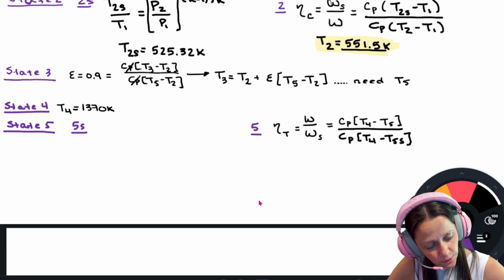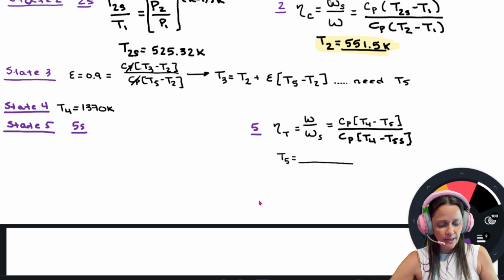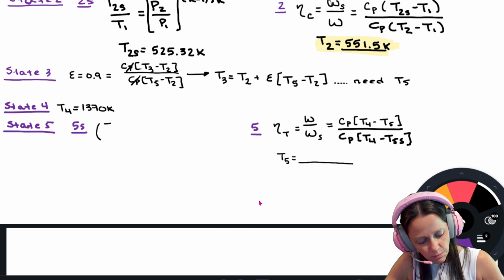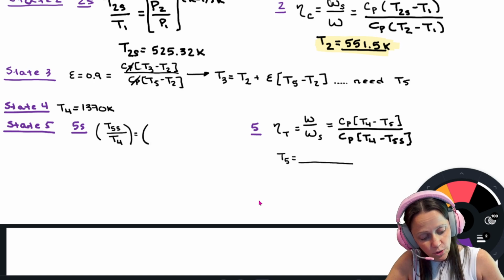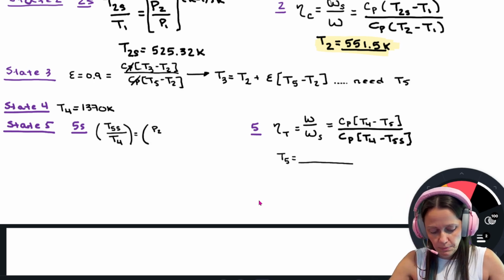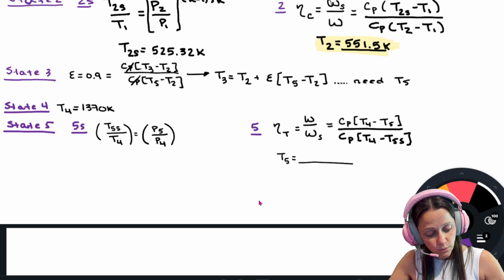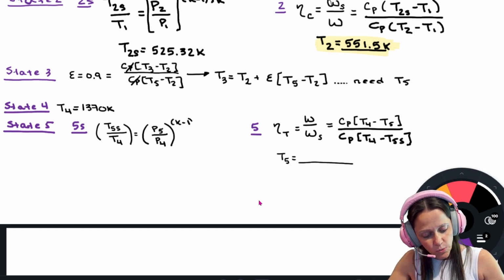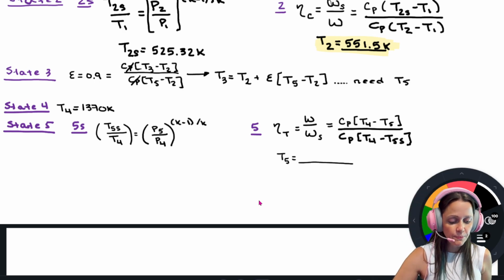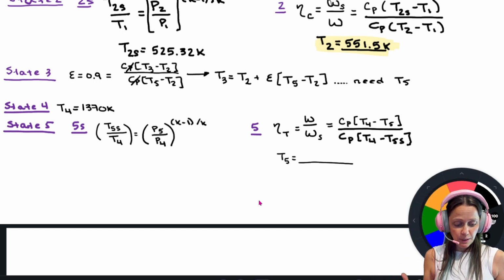All right, so I should be able to get T5 from this once I get T5S, and T5S is just going to be another isentropic relationship. So T5S over T4 is equal to P5 over P4 to the K minus 1 over K. Let's see if I know P5 and P4, or if I know the ratio between those.